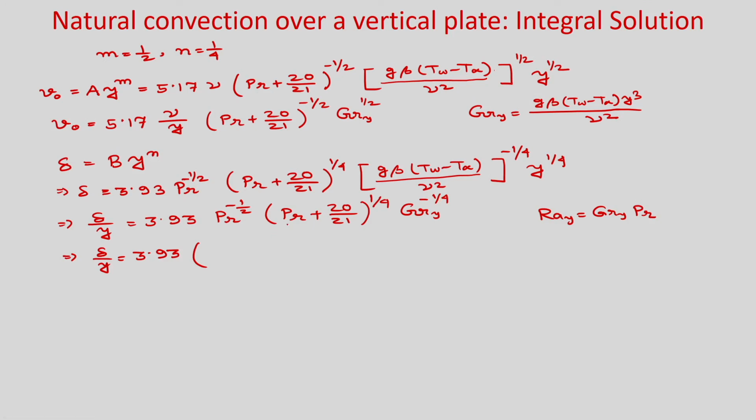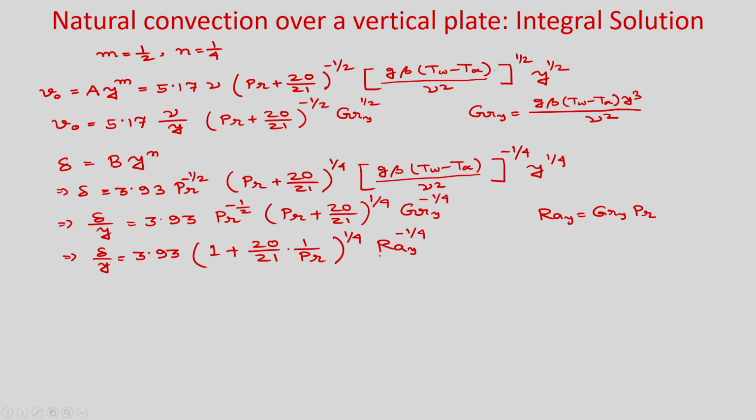So, you have to divide by Prandtl number to the power 1 by 4 here to write Rayleigh number. So, you will get 1 plus 20 by 21 into 1 by Prandtl number to the power 1 by 4, Rayleigh number to the power minus 1 by 4.